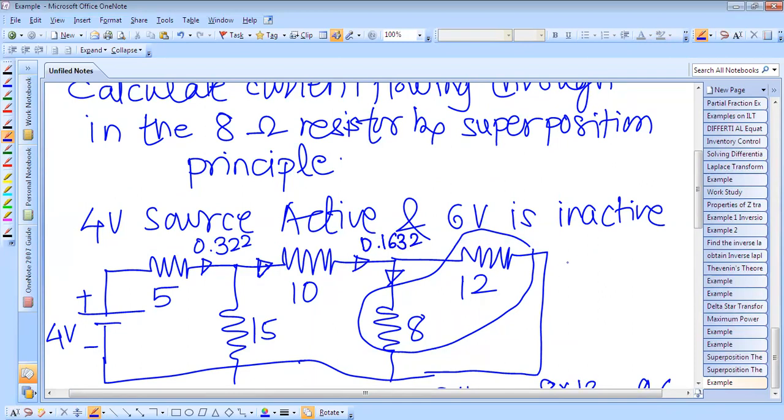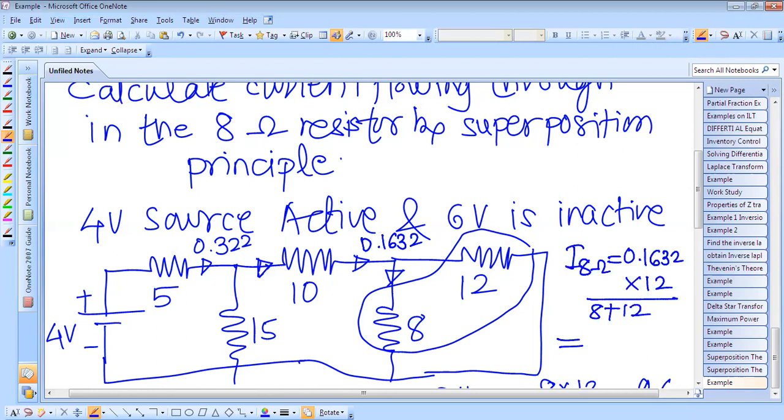So how can we find the current flowing through this 8 ohm resistor? The current flowing through the 8 ohm resistor is nothing but the total current we have got here, 0.1632, multiplied by the opposite resistance, divided by 8 plus 2. Sorry, 8 plus 2.